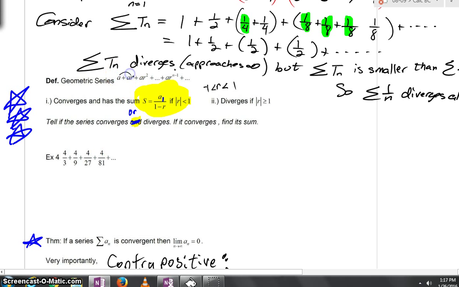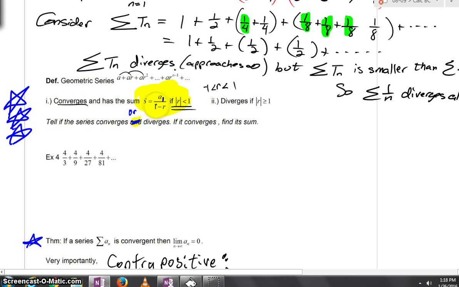Geometric series, look, each successive term has been multiplied by a common ratio r. Geometric series, guys, what you're going to see is each term gets multiplied by some constant called a common ratio, called an r. And look at this. If I'm going to add all this up forever, we're going to say a geometric series converges if the common ratio, that r value, is less than 1 in absolute value.